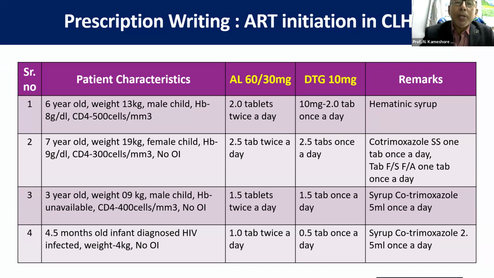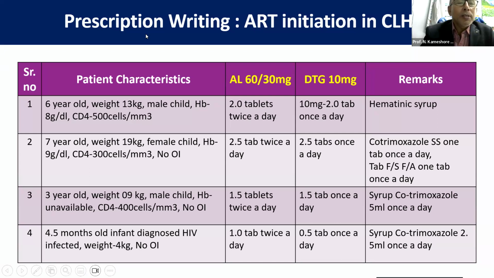DTG 10 milligram tablet, 2.5 tablets once a day. As CD4 count is 300, though the child is above 5 years, we will give cotrimoxazole. And cotrimoxazole, we can select SS tablet, 1 tablet once a day. And we can give other supplements also, folic acid, for example.